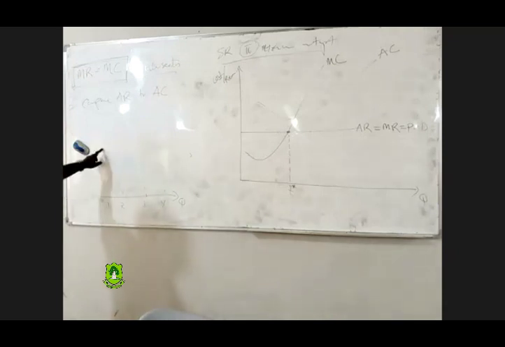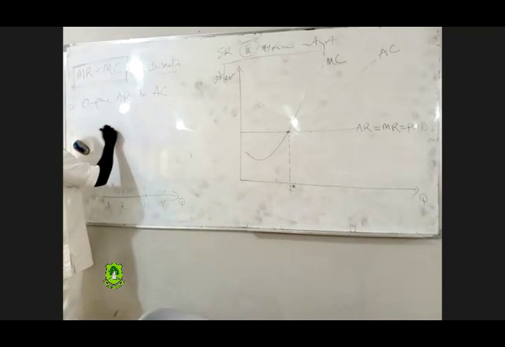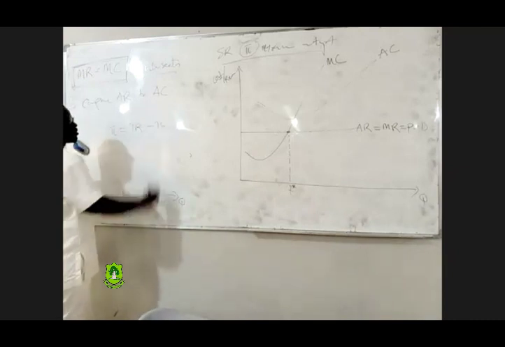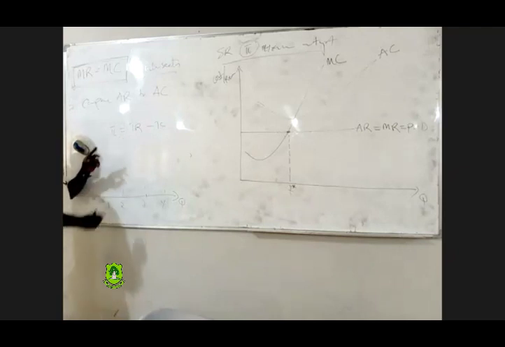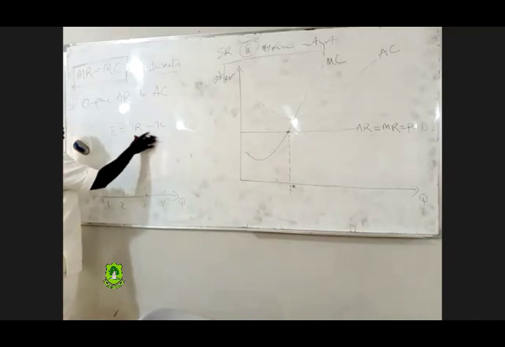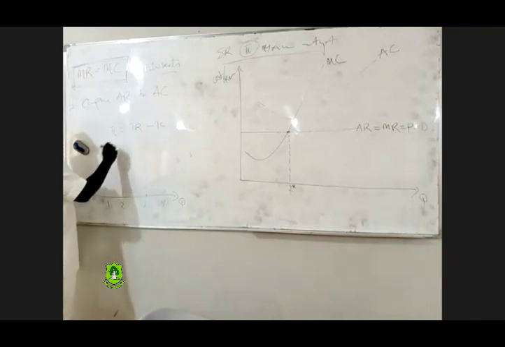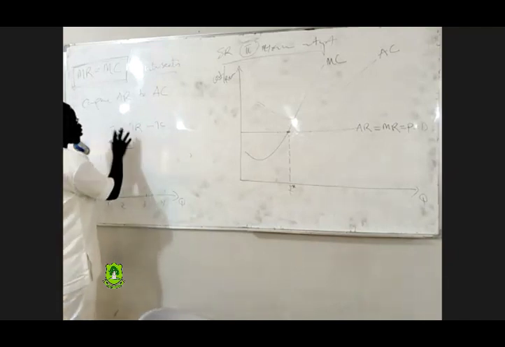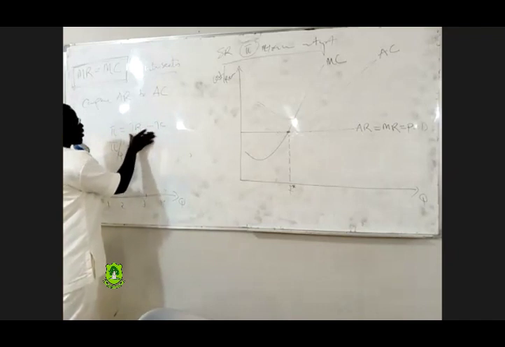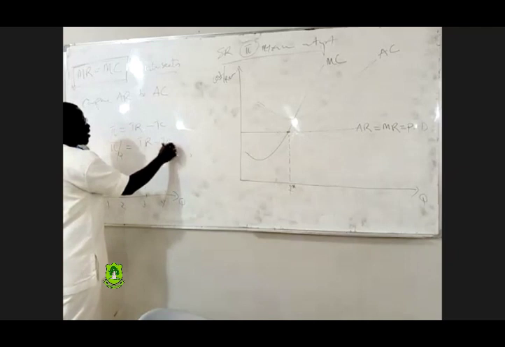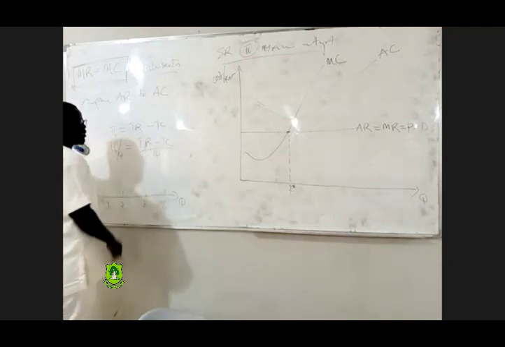Remember we said our profit is equal to total revenue minus total cost. And please note, this is the total profit. You can also look at the profit per unit of output. So profit per unit of output will be this one minus this one, divided by output.